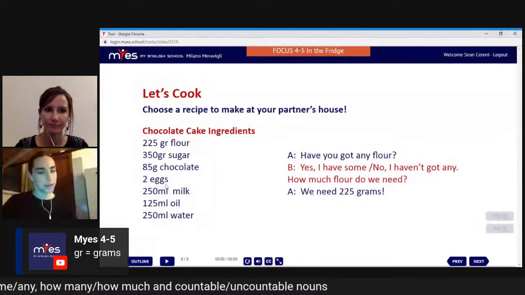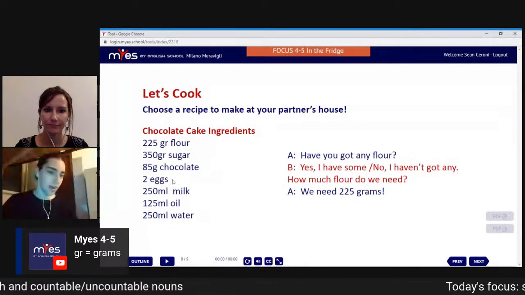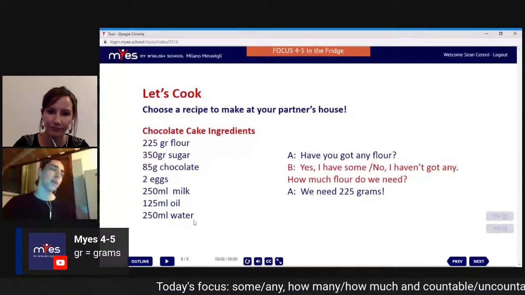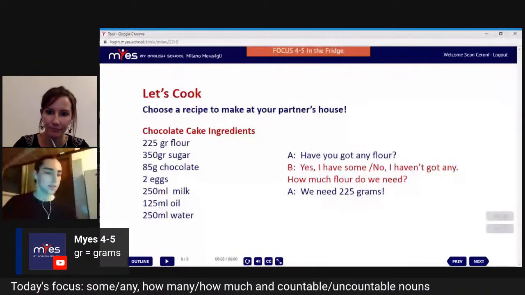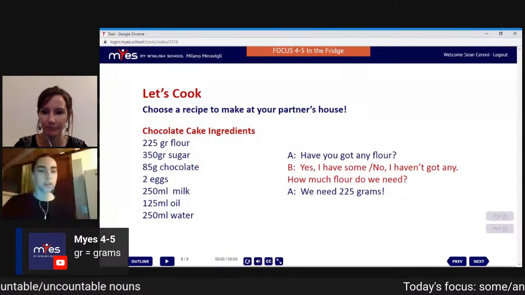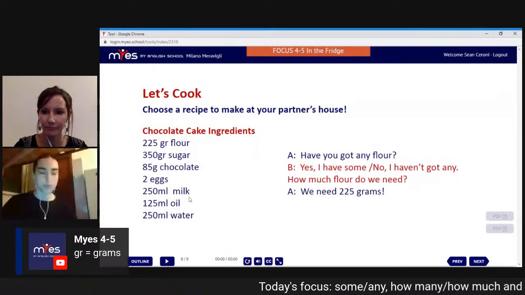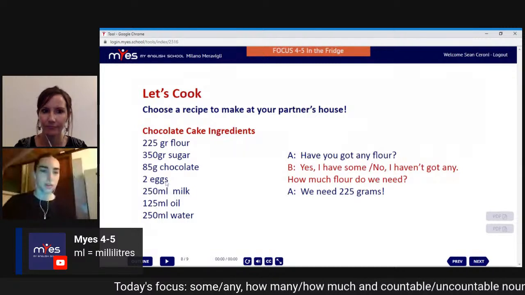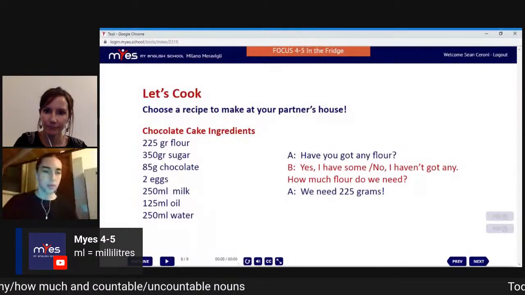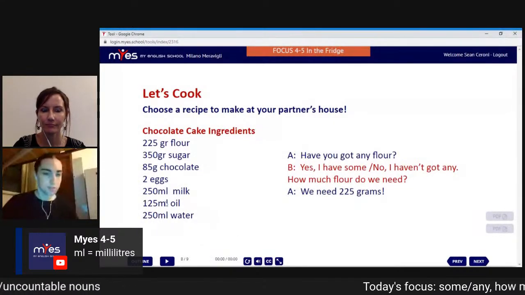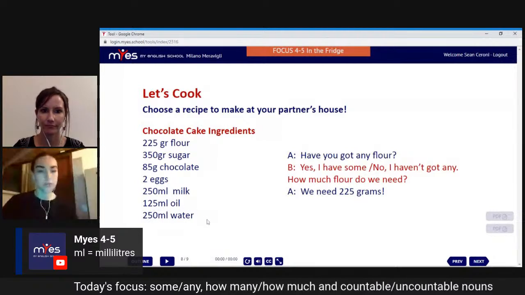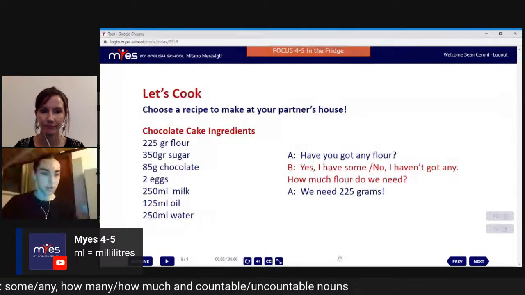Then we have 2 eggs, which are countable. And for the liquids, milk, oil, and water, we talk about milliliters and liters. Milliliters are below a liter, and liters are above that. And for grams, you have grams and kilos. So 250 milliliters of milk, 125 milliliters of oil, 250 milliliters of water.